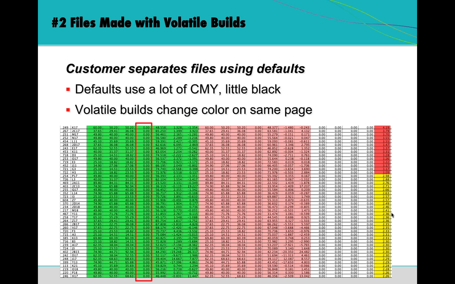So if you take a build made up of 60 cyan, 50 magenta, 50 yellow, and put it two different places on this HP 10,000 press, and I'm not picking on HP here, whether it's a Xerox or any other type of digital press out there, you're going to see similar, if not worse, results. But the delta E difference in delta E 2000 is over 4 units, which is very noticeable to the eye.